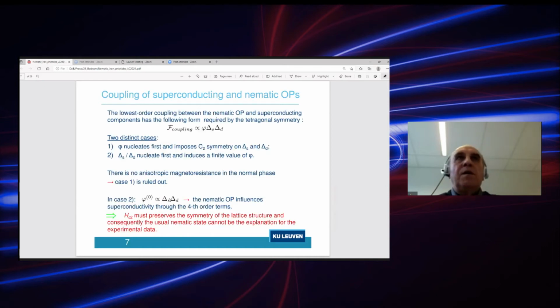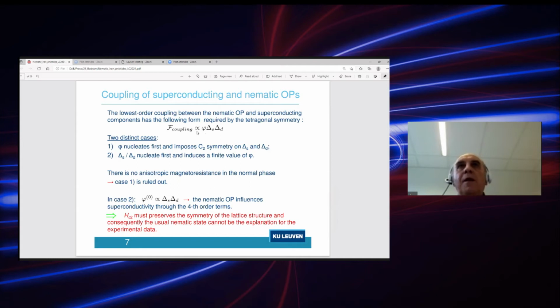So we want to emphasize that this phenomenology falls outside of the standard paradigm of how the nematic superconducting state is explained. Usually, in the Ginzburg-Landau approach, we have to introduce the nematic order parameter, which has C2 rotational symmetry.